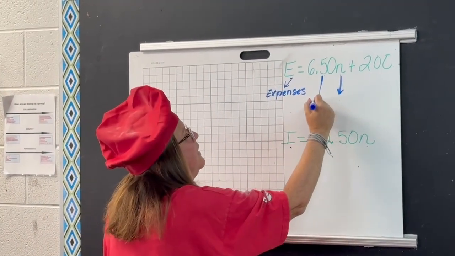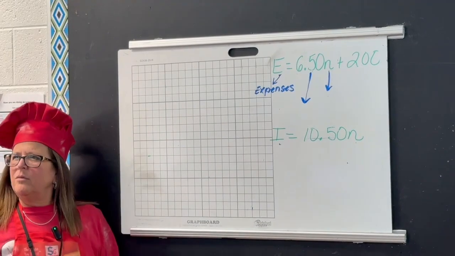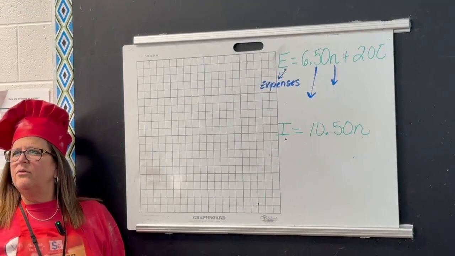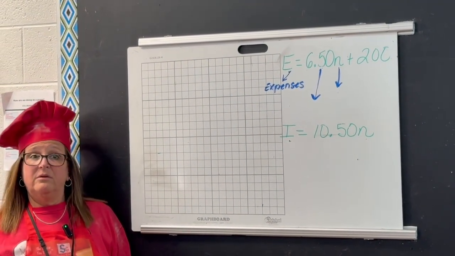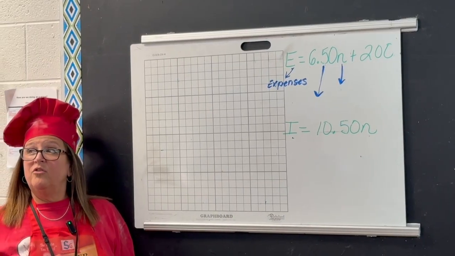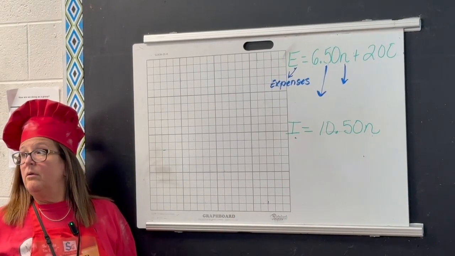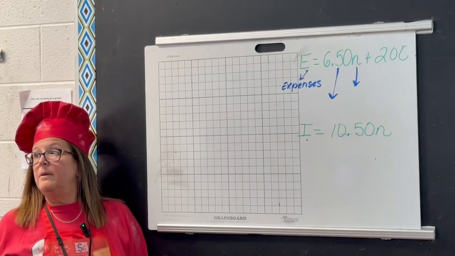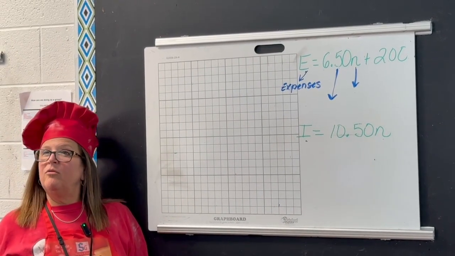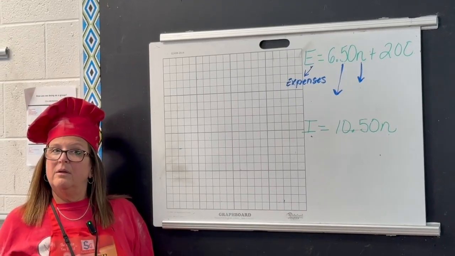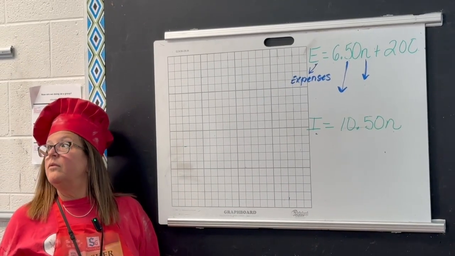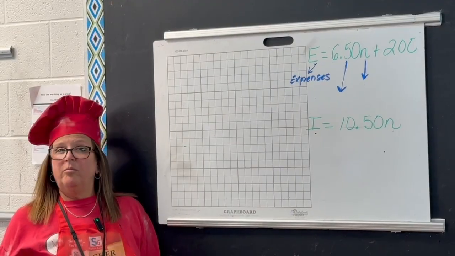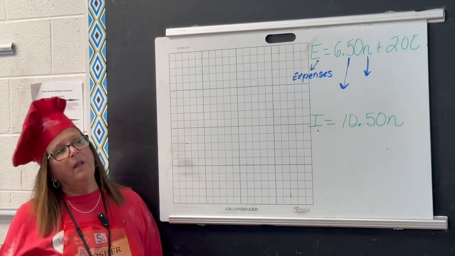Can you tell me what rate it represents in my situation? It's an expense, about how much equipment costs. Do I pay for my equipment every month? I do. My equipment is part of a setup.